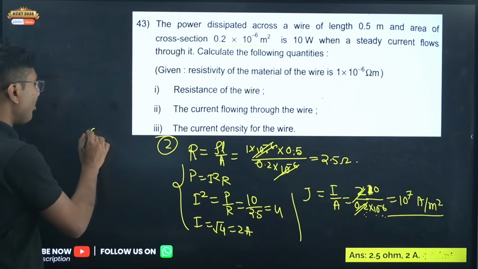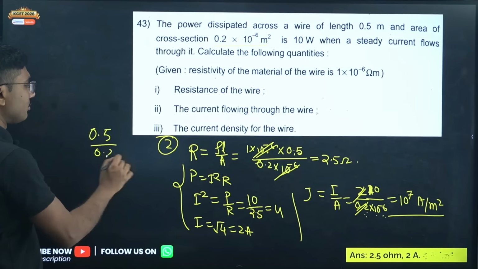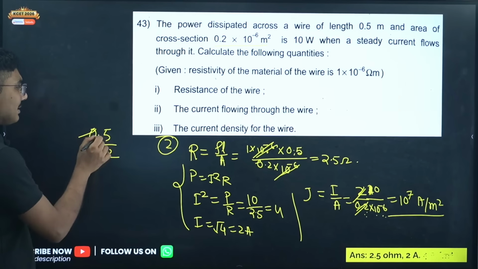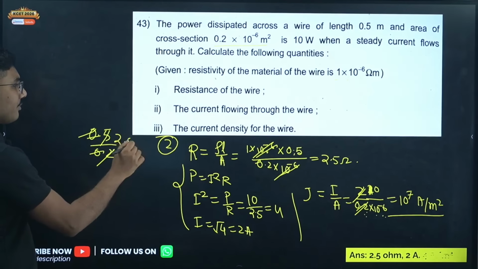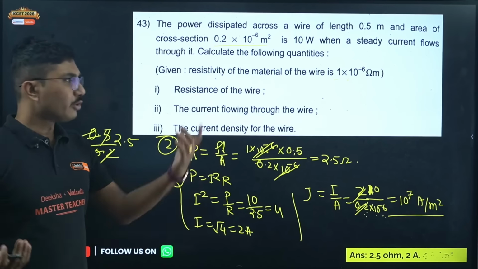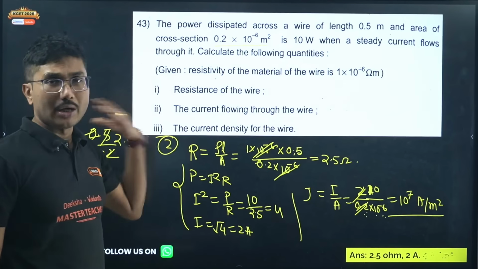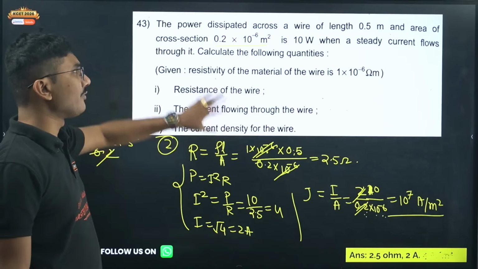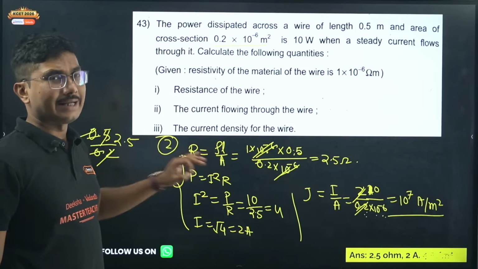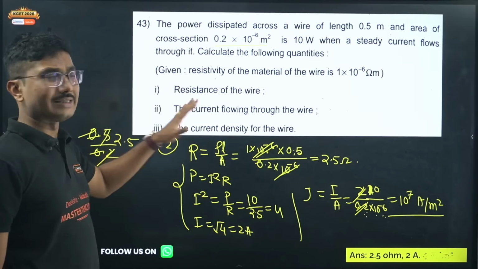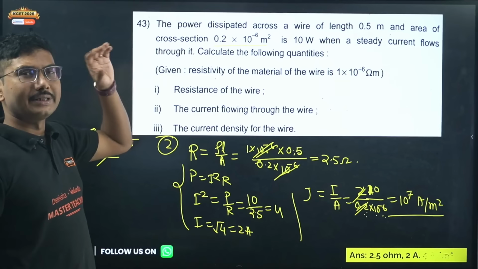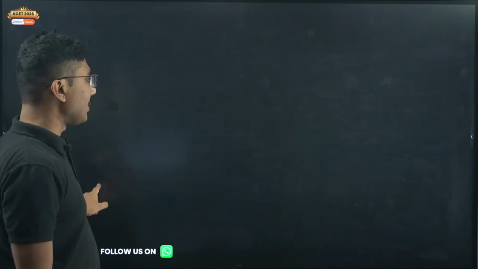Then you have 0.5 divided by 0.2. Point cancels, you get 2.5. You don't even need to use a calculator to solve this. This is one of the very easy questions in the entire paper. Yes, 3 parts are there, but this is one of the easiest problems in the entire paper.